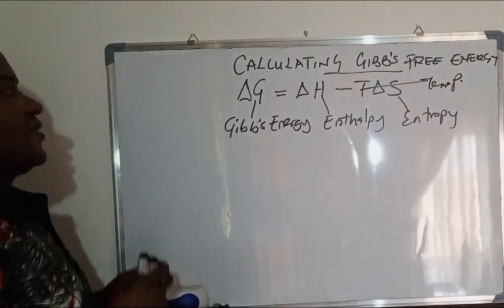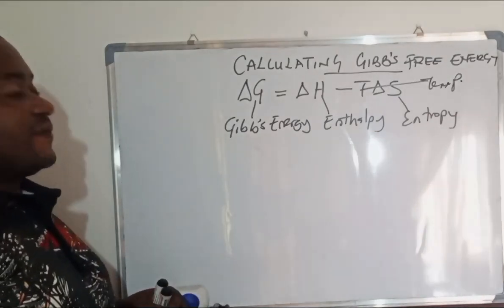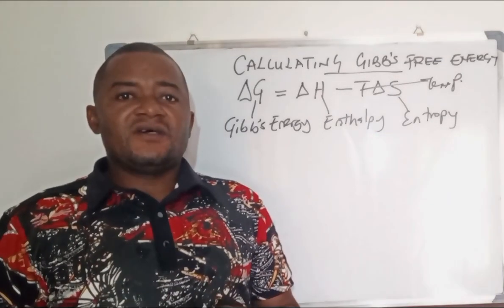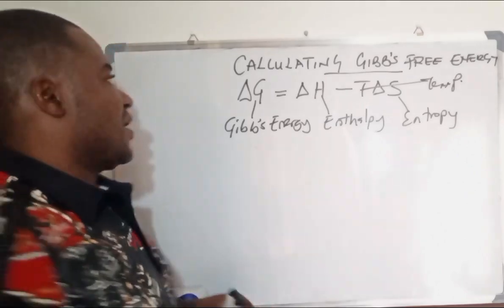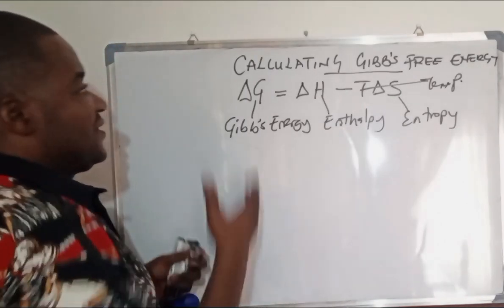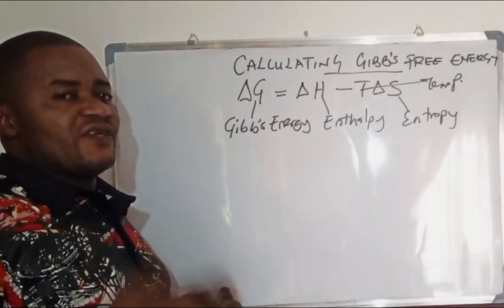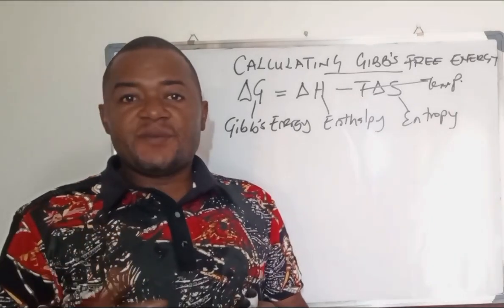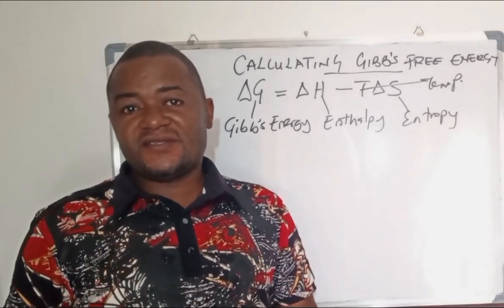We had discussed this already in our earlier classes. Now we are going to see how we can apply this formula to solve for Gibbs free energy and use that solution to determine whether the reaction is actually spontaneous or not.